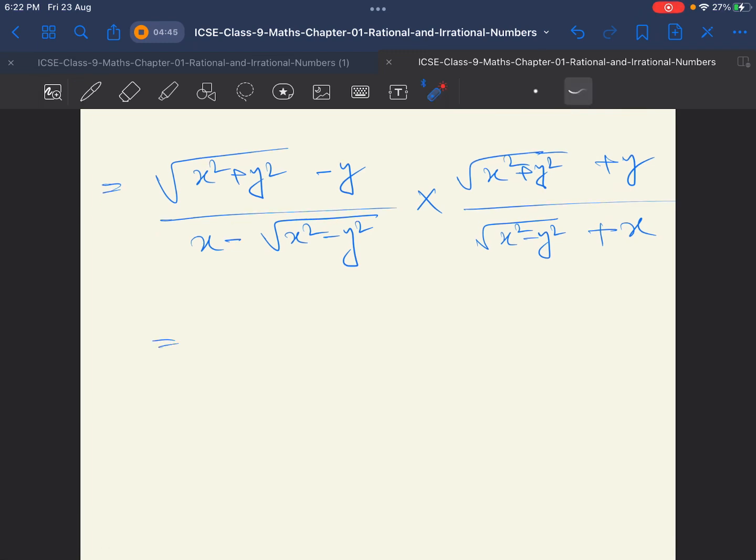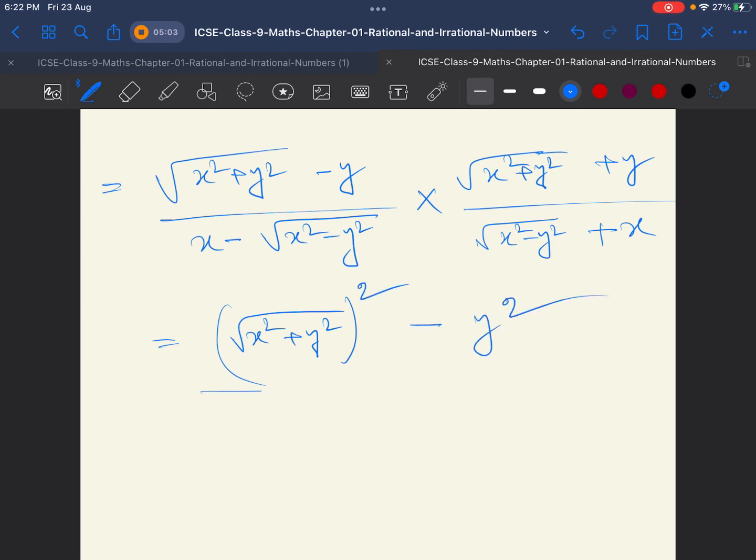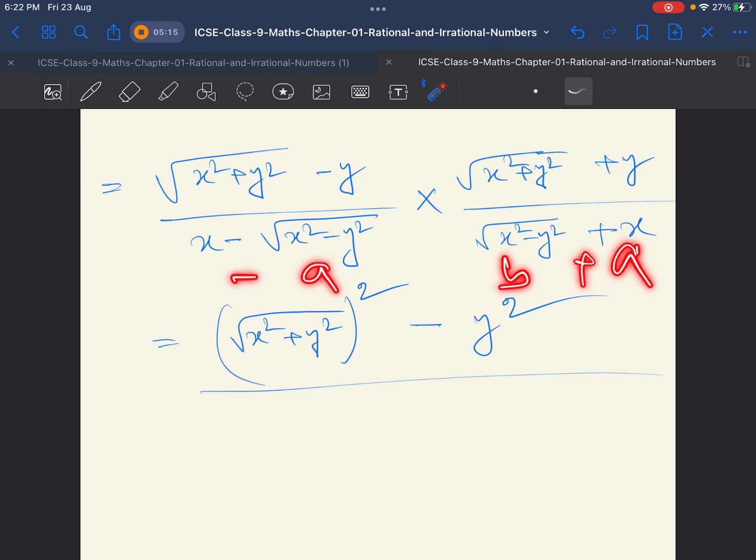So now this is a minus b, y is b, this is a plus b, so we can write a square minus b square, x square plus y square square root of this is a square minus b square by, so this is a plus b, this is a minus b.